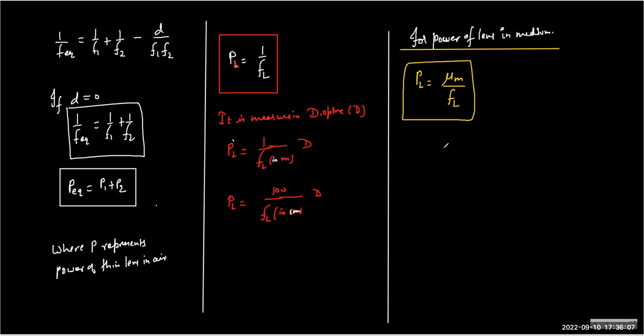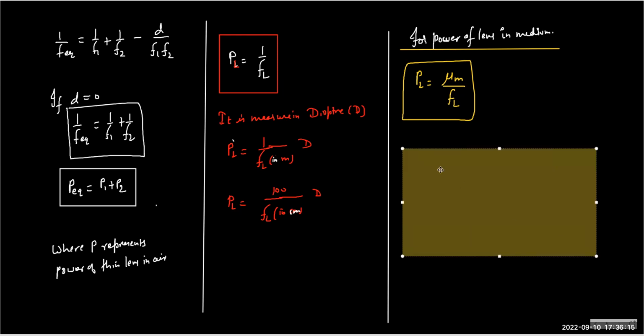Only use it when the lens is completely submerged in a medium. If it is on one side and not the other, we don't use it. So it is a completely submerged case. And we know that 1 by FL, from the lens maker formula.